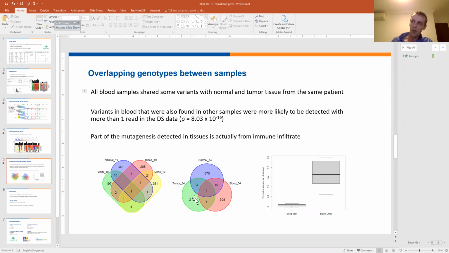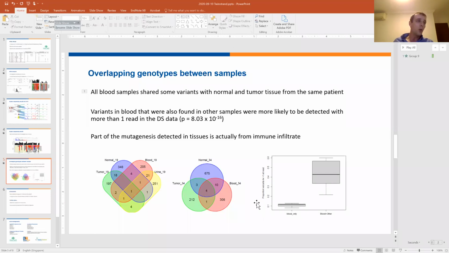Similar for this patient, right? So we see some mutations that are unique for the blood, unique for normal, unique for the tumor, but there are also mutations that are shared by all three samples. We of course checked, right? These are not germline mutations. They cannot be explained by contamination of reads from other samples in our cohort.